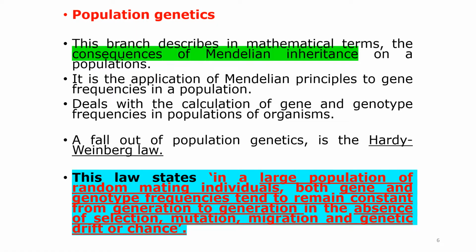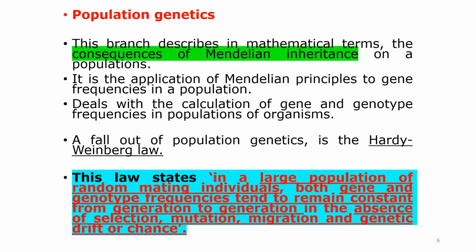The fallout of population genetics is what is known as Hardy-Weinberg's law. And this law basically states that in a large population of random mating individuals, the gene and the genotype frequency is expected to remain constant from one generation to another in the absence of selection, mutation, migration, and genetic drift.